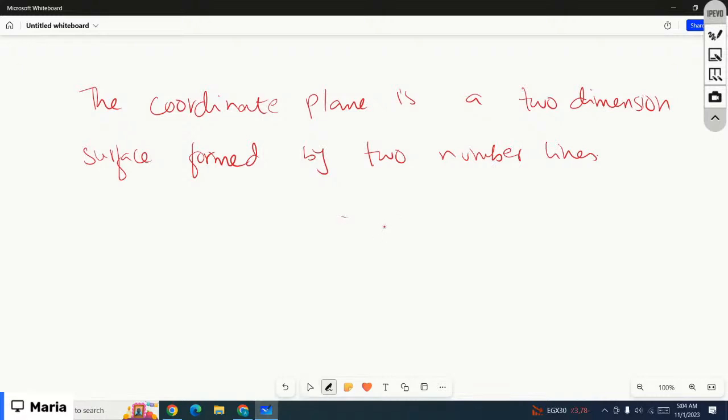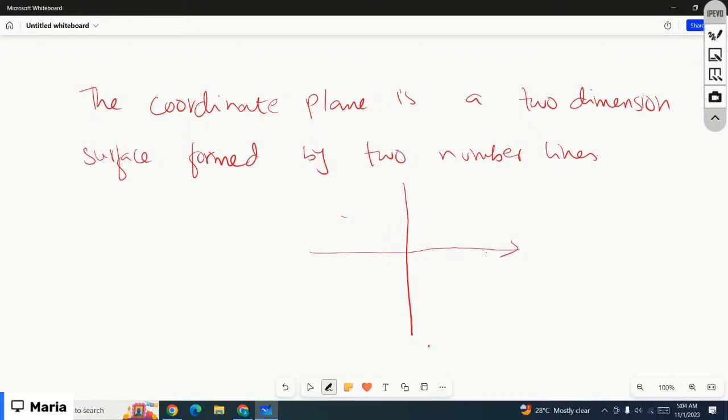You have a horizontal axis and a vertical axis, right?